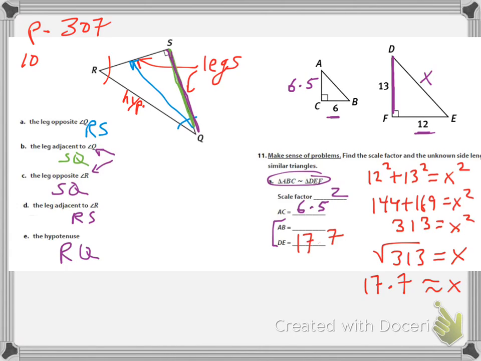Now you could, if you wanted to, repeat the same process, actually quite beautiful, of finding AB as you did DE, or, hey, shortcut, we know the scale factor is 2. Just divide 17.7 by 2, and you get 8.9 approximately. There you go.